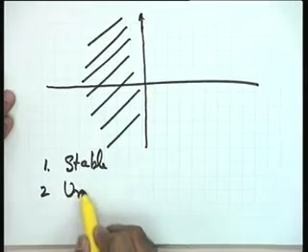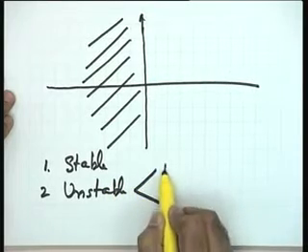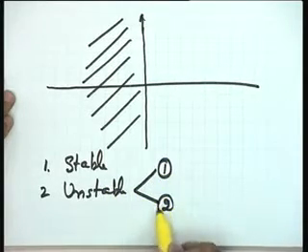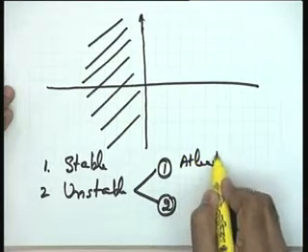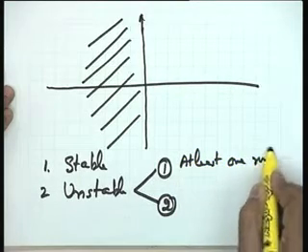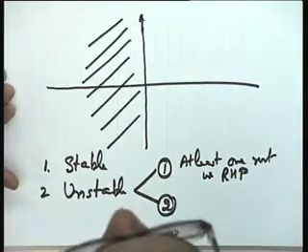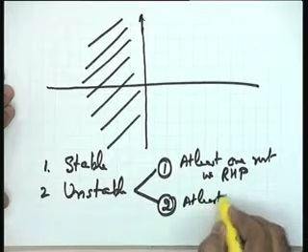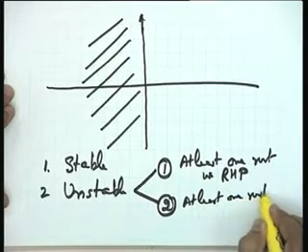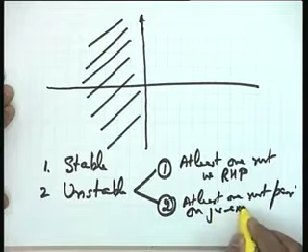A system is unstable if either of the two or both of these happens. 1, at least one root in the right half plane, this could happen, or at least one root pair on the j omega axis.